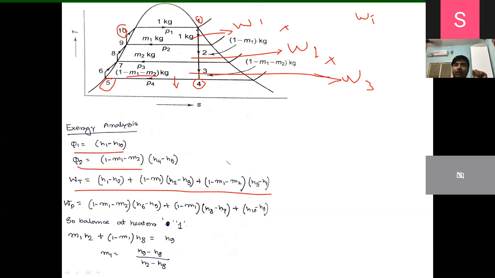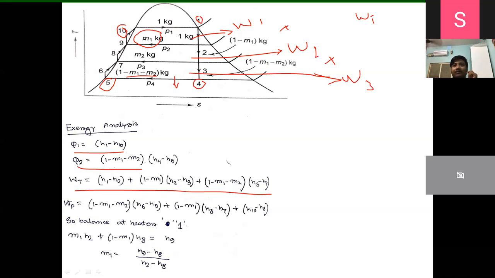How? Because in the first phase, 1 to 2, 1 kg of steam is expanding. For the next phase, 1 minus m1 kg of steam is expanding. Why? Because we have already taken out m1 kg of steam in the first cutout, so the remaining is 1 minus m1, and it will expand in the second phase of the turbine.